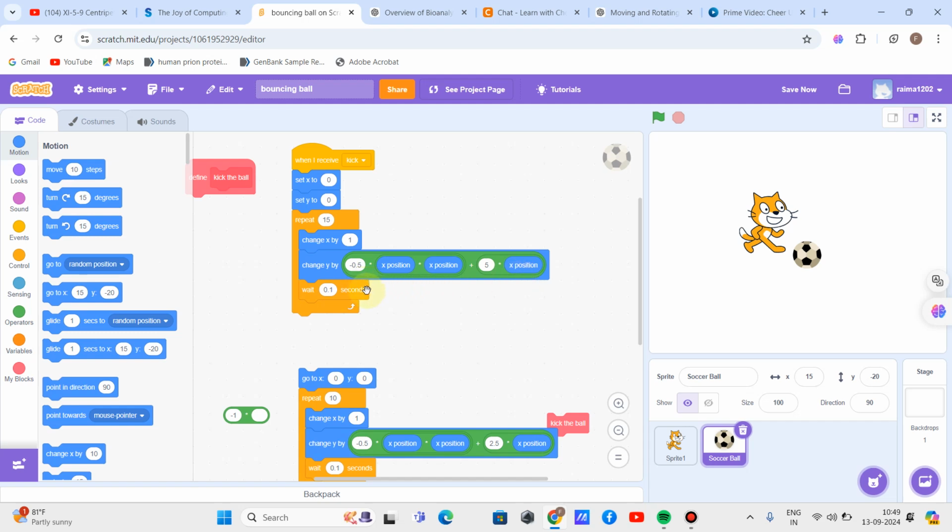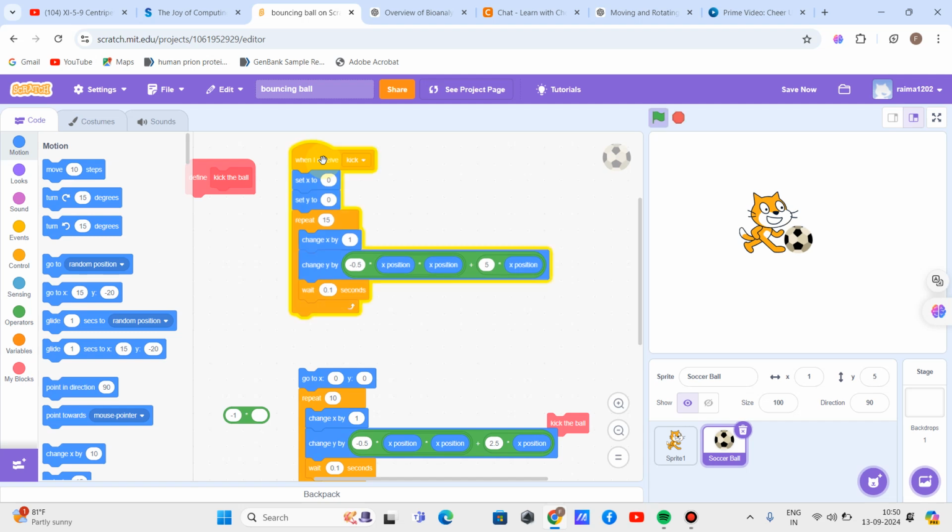Then I have to put a wait because the ball moves too fast, not like the real world, because the computer speed is very fast. So I put a wait of 0.1 second so that we can see the ball moving slowly.